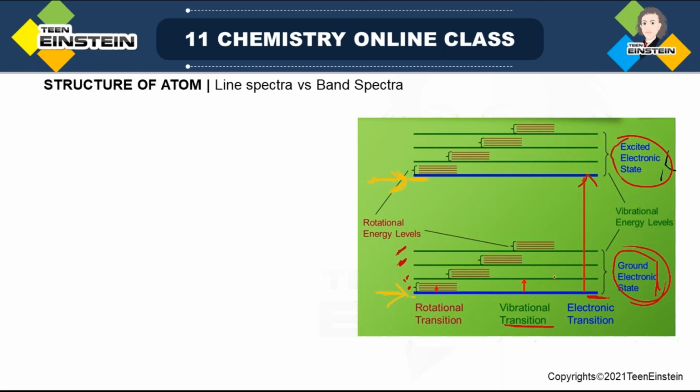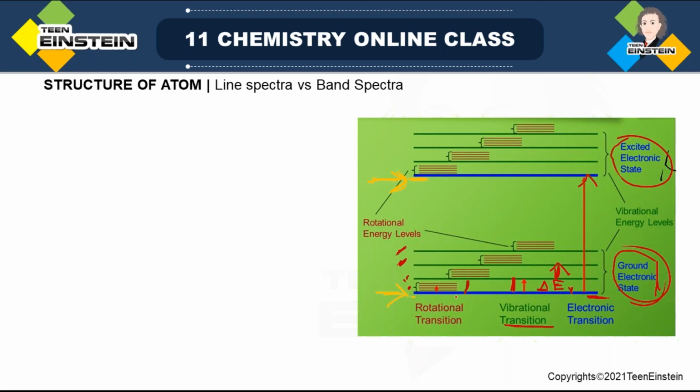So this type of transition that you are seeing, the corresponding energy gap, suppose here the energy gap is del E V, I am writing V because it corresponds to vibration. This energy gap will have some specific wavelength. Now within this vibrational level, there are some rotational levels also, which are shown here by these red lines.